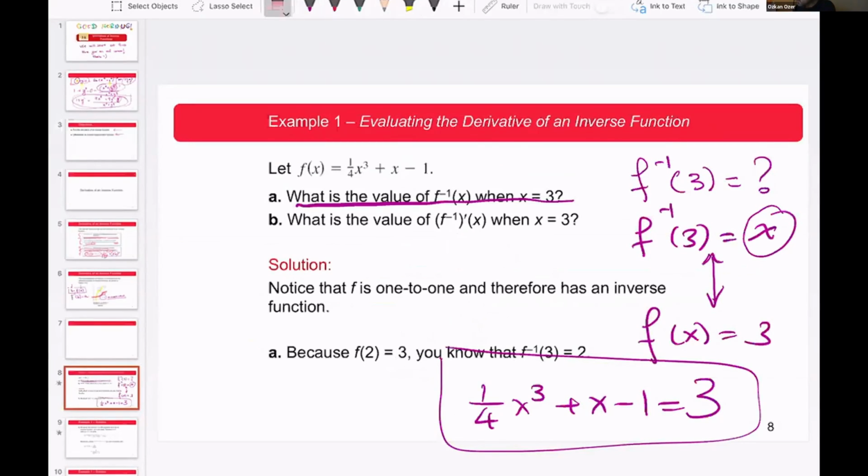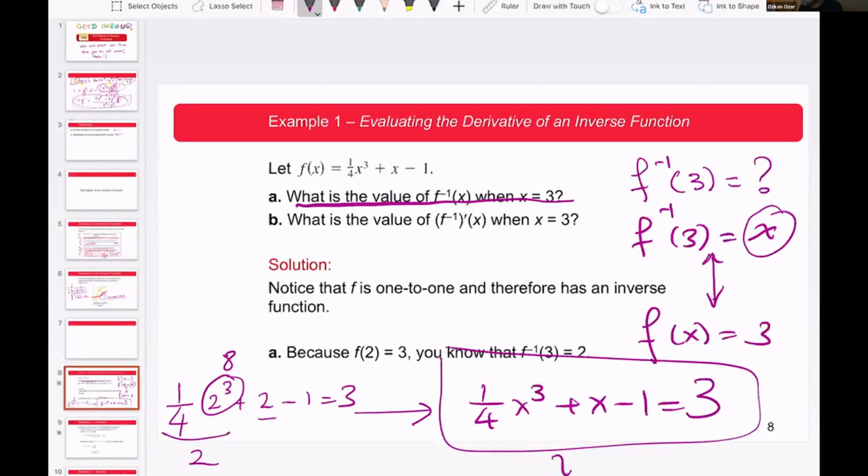All right. Then you solve the problem of finding the x for which this equation holds true. It turns out that 2 solves this equation, because 1/4 times 2 cubed plus 2 minus 1: 2 cubed is 8, 8 divided by 4 equals 2, 2 plus 2 minus 1 equals 3.